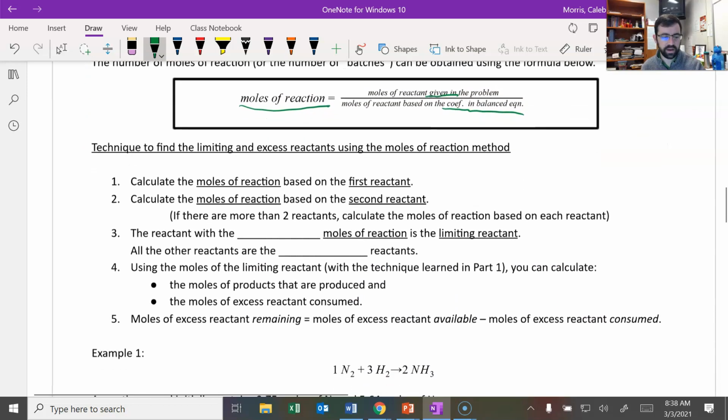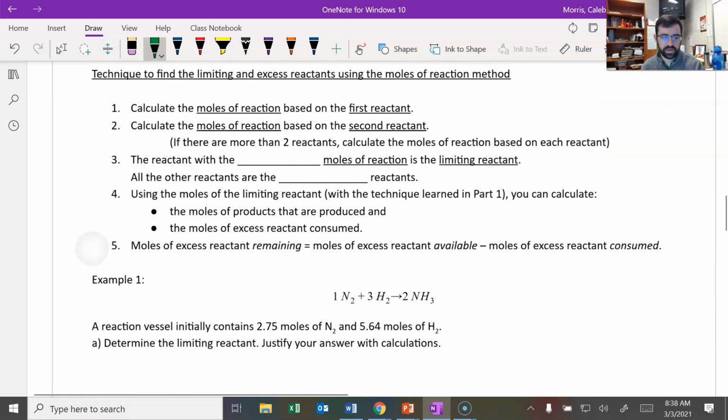Here's the technique to find the limiting and excess reactants using the moles of reaction method. Calculate the moles of reaction based on the first reactant. Calculate the moles of reaction based on the second reactant. In other words, what we're going to do is make 2 fractions, and we're going to compare them.